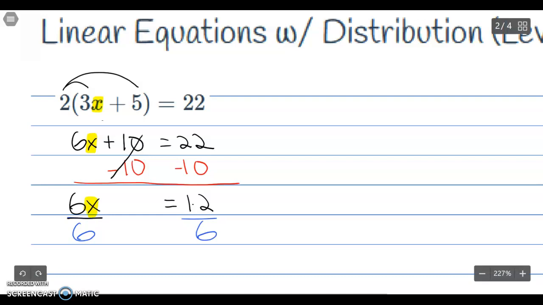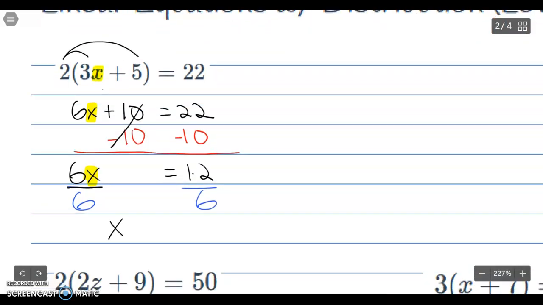And that's going to leave me with x is equal to 2. So I distribute, I solve the two-step equation. Just that simple.